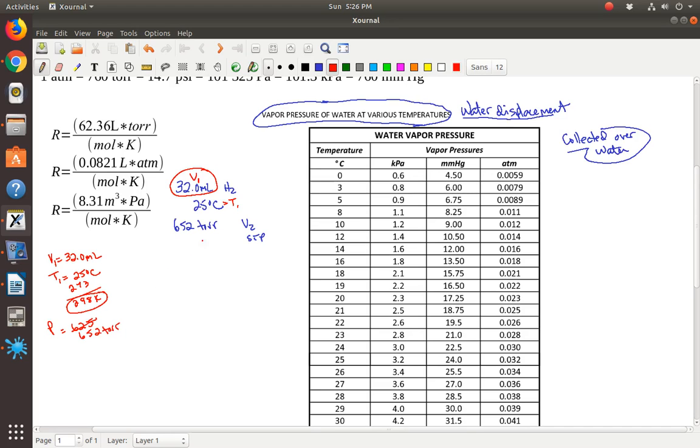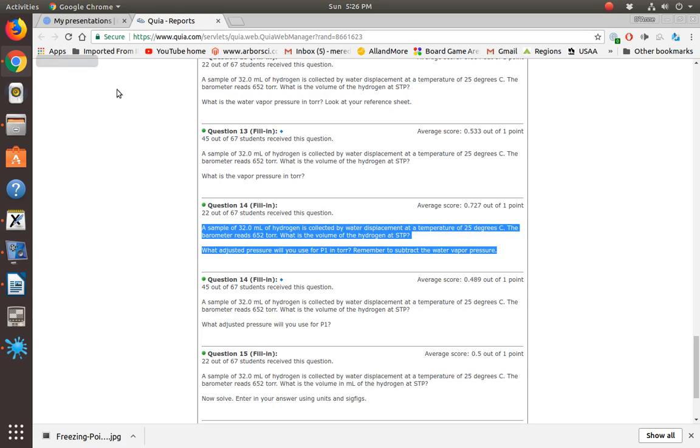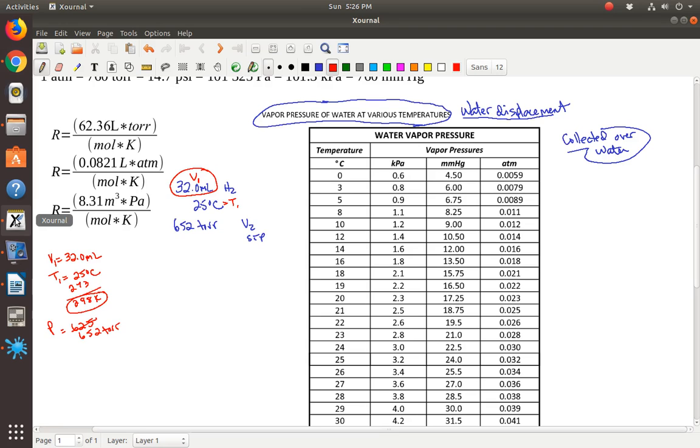But it says on the question, by water displacement. So 652 torr was by water displacement, or collected over water. That means we had sort of a picture like this with our container, and we have liquid water here, but we have water vapor flying around up here.